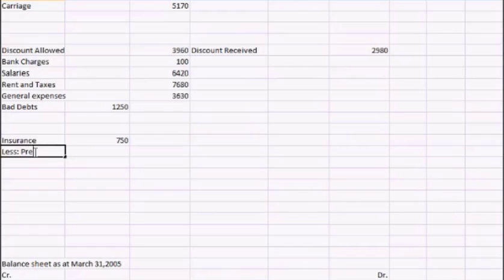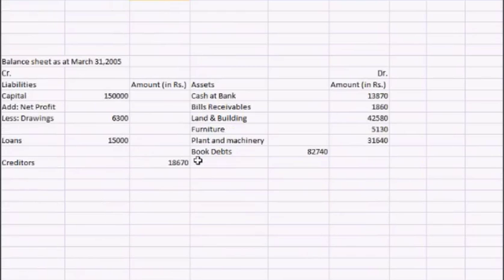I'm just writing prepaid insurance. You know the amount is 50, so the balance here is prepaid deducted, and we have to incorporate the prepaid insurance in part of asset. It's an asset, so we'll incorporate that in asset.